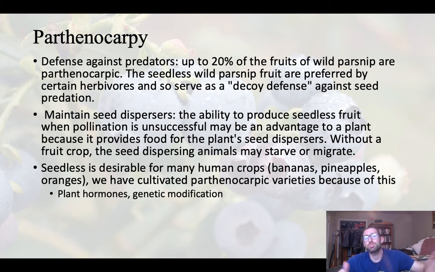But if you still produce a food crop, or you still produce fruit, those seed dispersers will eat the fruit and they will remain in the area for another season when you can hopefully have successful pollination. And like I said, seedlessness is a desirable trait for many human crops, and we've been able to cultivate parthenocarpic varieties as a result.